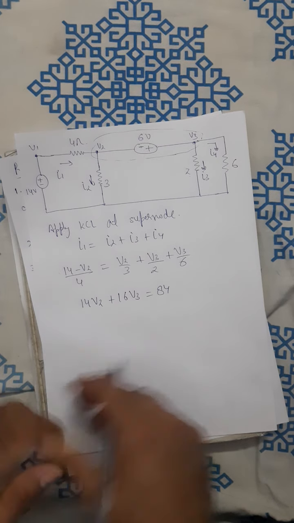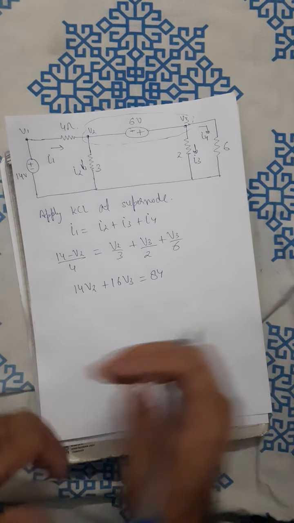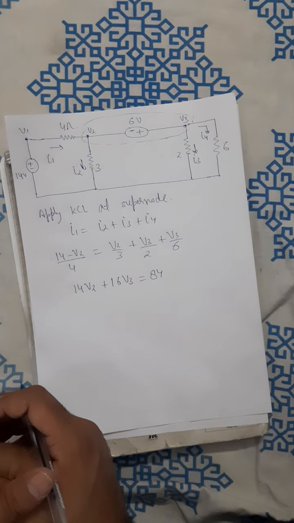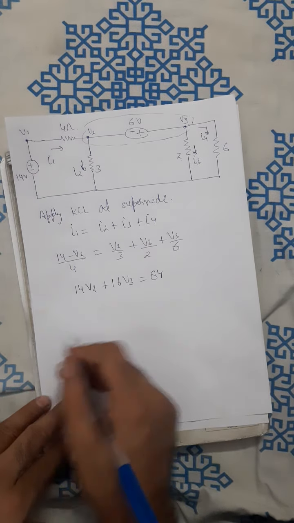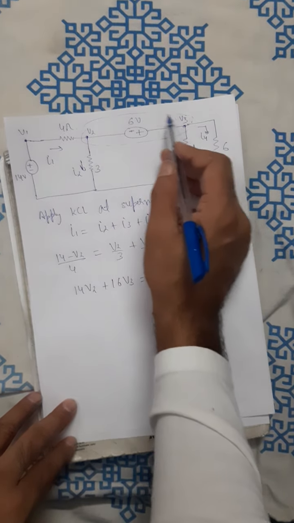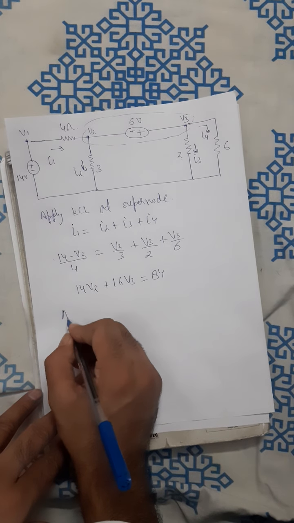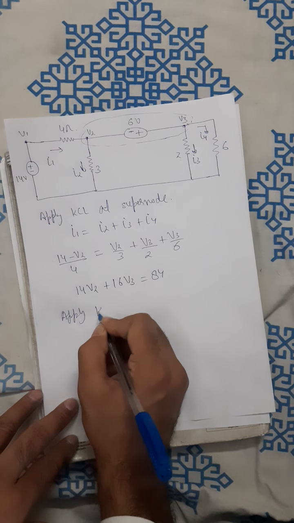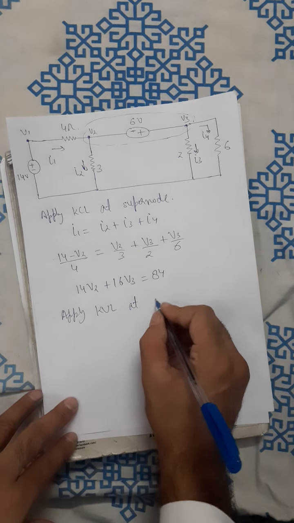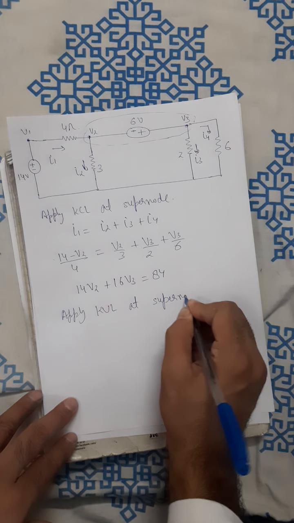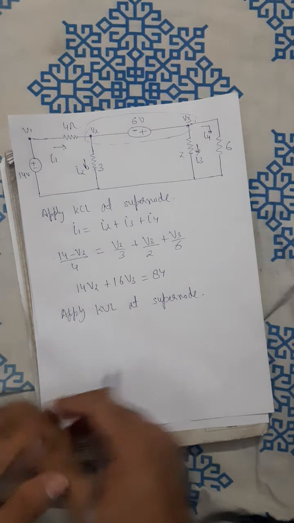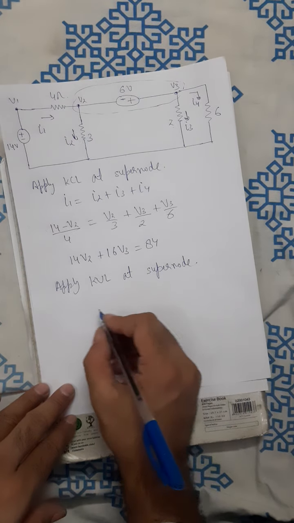Okay. Next, this is KCL. The second step is to apply KVL at the super node. So what is the super node here?